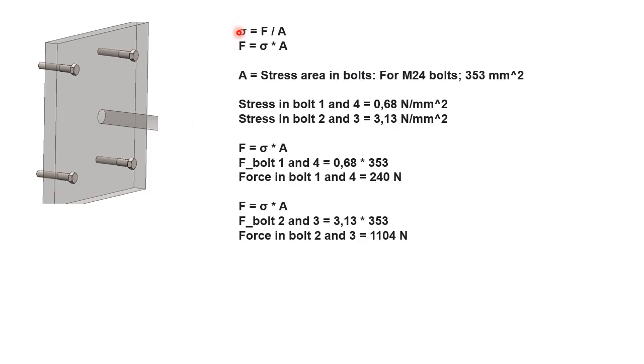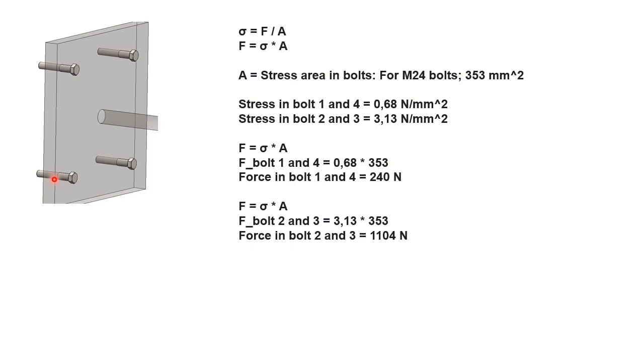That gives our formula here: stress equals force divided by area. I can also rearrange this a little and say that force equals stress multiplied by the area. And the area for this bolt, I know it's 353 millimeters squared.